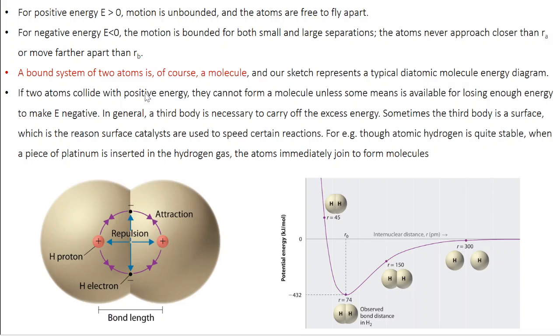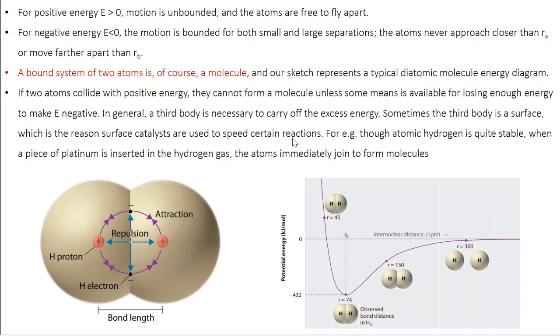If two atoms collide with positive energy, they cannot form a molecule unless some means is available for losing enough energy to make the total energy negative. In general, a third body is necessary to carry off the excess energy. Sometimes the third body is a surface, which is the reason surface catalysts are used to speed certain reactions.